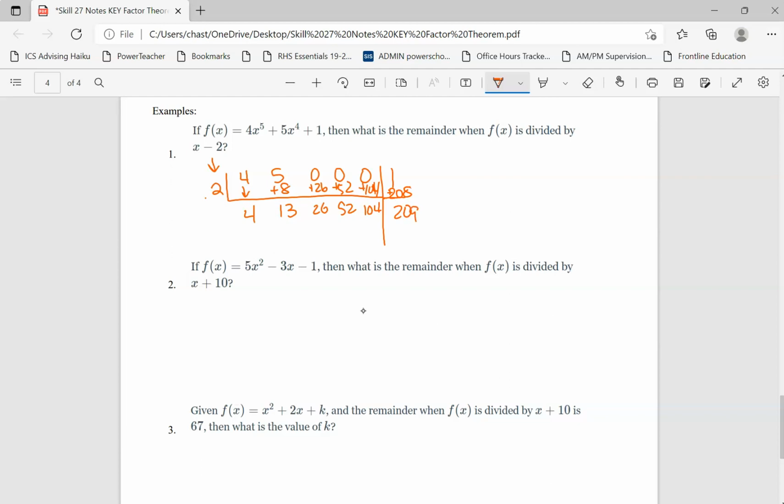It looks like 209. So f of 2 equals 209.